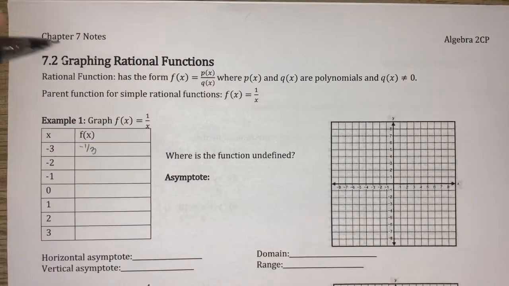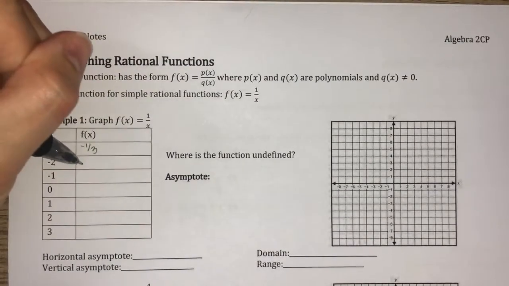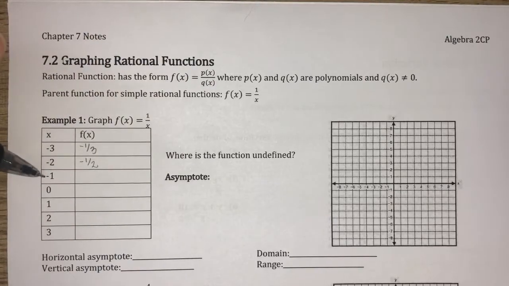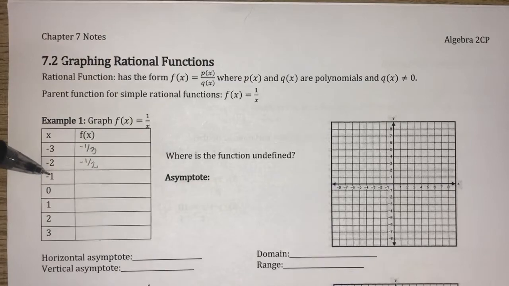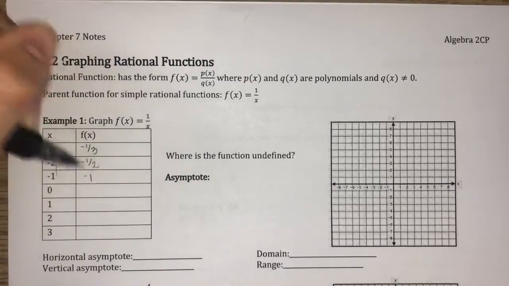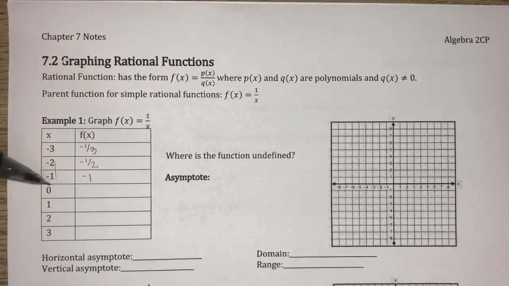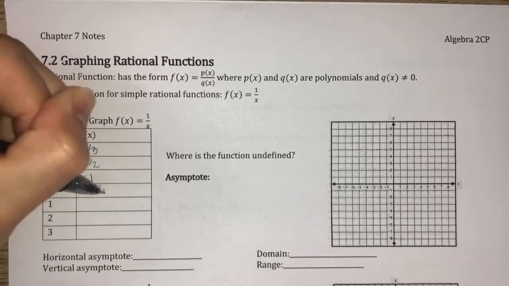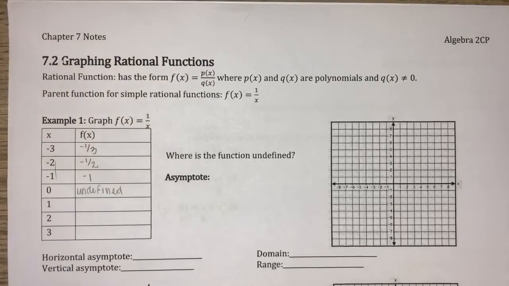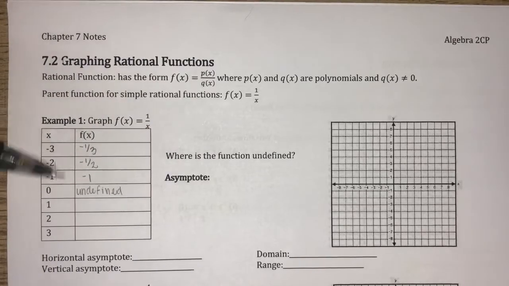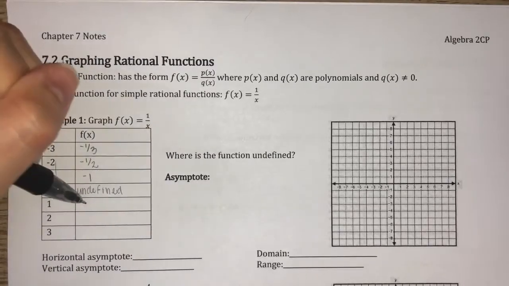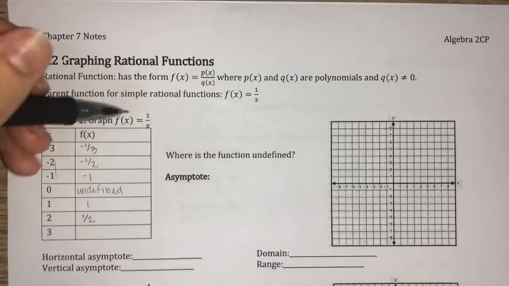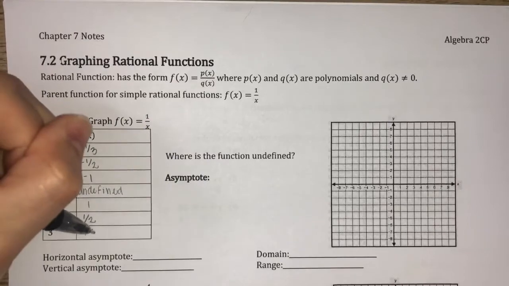When x equals -2, it would be 1 over -2, or -1/2. 1 over -1 would be just -1. 1 over 0 would be undefined, because you can't have a 0 in the denominator of a fraction. And then 1 over 1 is just 1, 1 over 2 is 1/2, and 1 over 3 is 1/3.